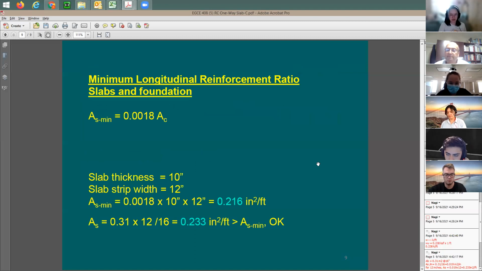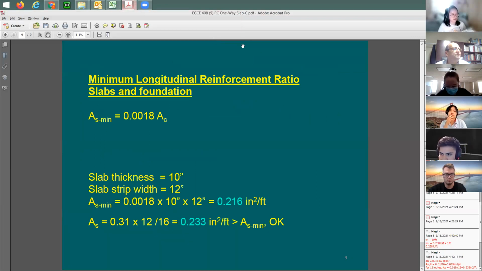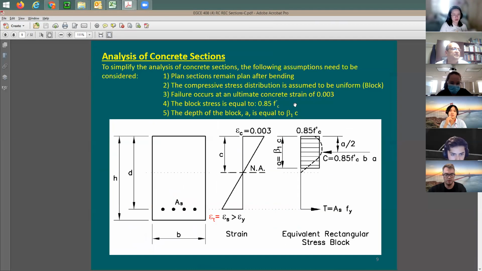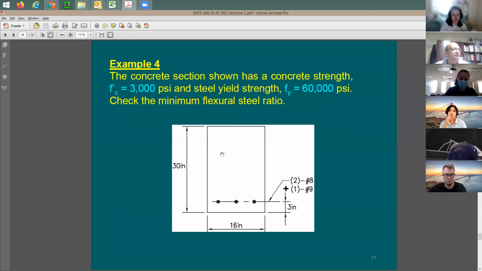All right. So when it comes to beams, for the minimum reinforcement, we have 2 equations. Just to remind you, what equations? If you remember for beams, minimum reinforcement, getting to it is right here.